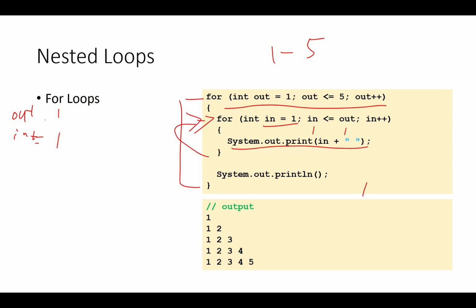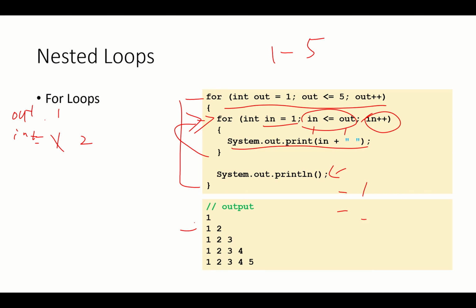Then you go back, okay? Update in, so update in from 1 to 2. Then you go back to the condition. So is 2 less than or equal to 1? No, right? So this will tell you to go to the next line.